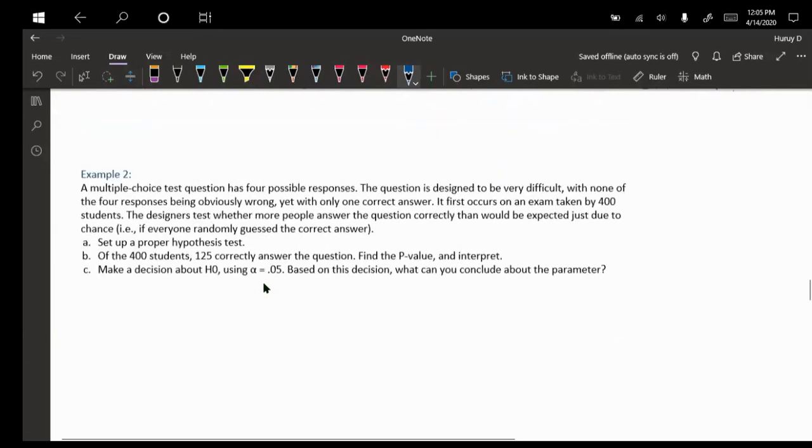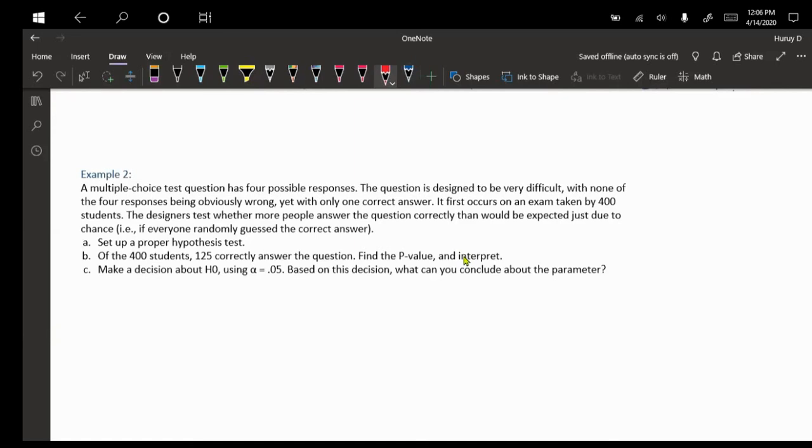All right. So let's look at this problem now. A multiple choice test question has 4 possible responses, and the question is designed to be very difficult with none of the 4 responses being obviously wrong, yet with only 1 correct answer.